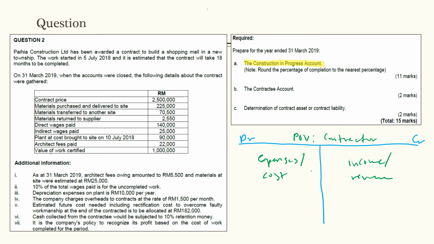At the end, these two items will be matched to determine whether there is a profit or loss arising from this contract. The profit value will be recorded on the debit side, while the loss will be recorded on the credit side. Okay, let us go one by one through the items in the question to determine whether each is to be recorded on the debit side or the credit side. Okay, let us do it together.